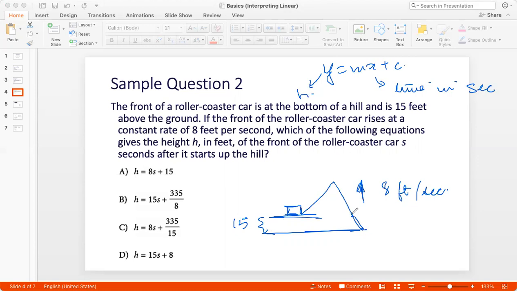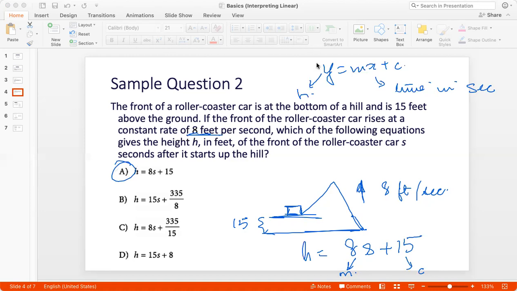And for every second, my height rises by 8 feet, right? So my final height after s seconds would be 8s plus 15, because the slope is m multiplied by the x value, which in this case is time, plus 15, which is the y-intercept. And so my answer is A. As simple as that.